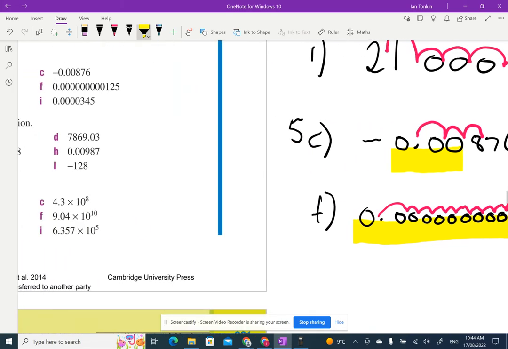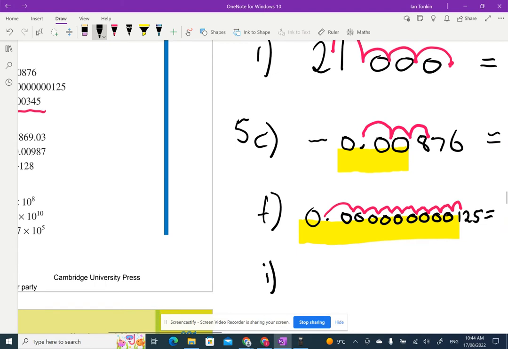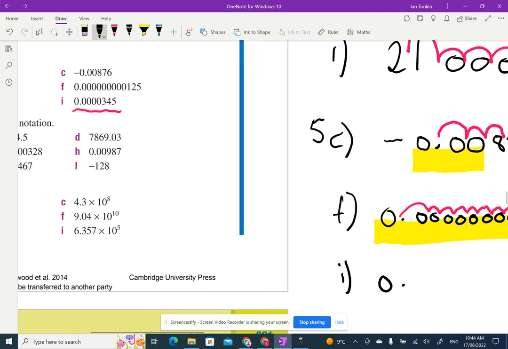So I want you to think now and look at this one. Rather than moving the decimal point, count the number of zeros because there's a 0 before. Hopefully you've already done this now because you've seen how it works. 0.4035.